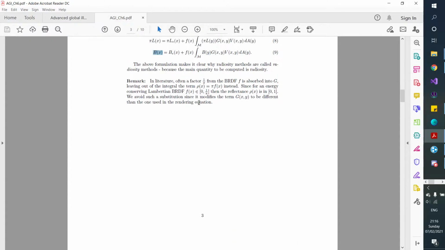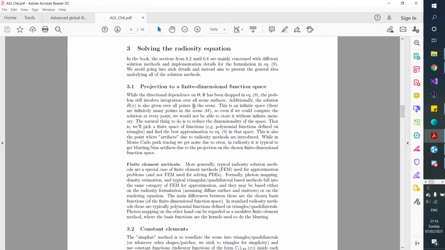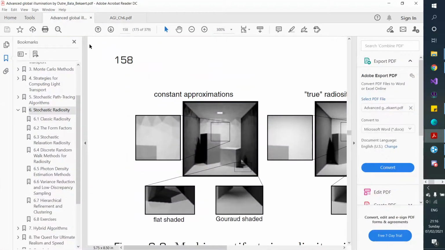So the point here is just to reduce the problem so you can store the solution, even just in your computer. And one way to go about it is to say it's constant, then you get such artifacts.